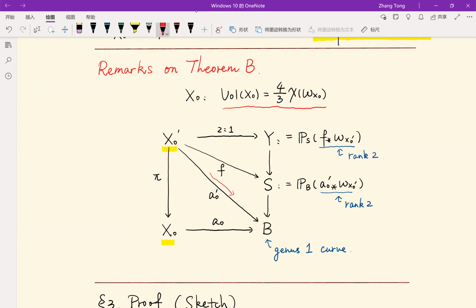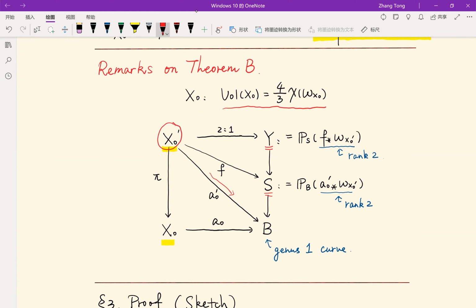And then the theorem tells us that you can construct a P1 bundle over B to get S, and then you can construct another P1 bundle X over S to get Y. And then finally, you can use a double cover to get this X naught prime.